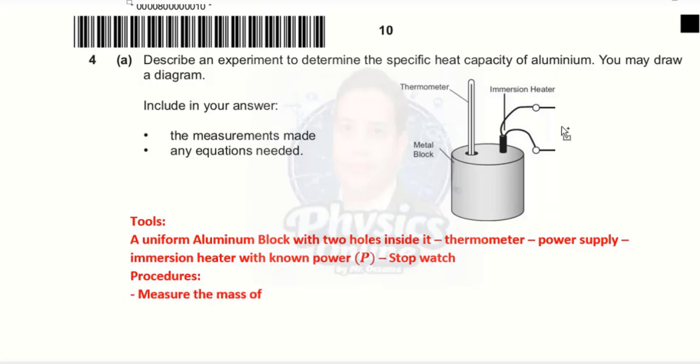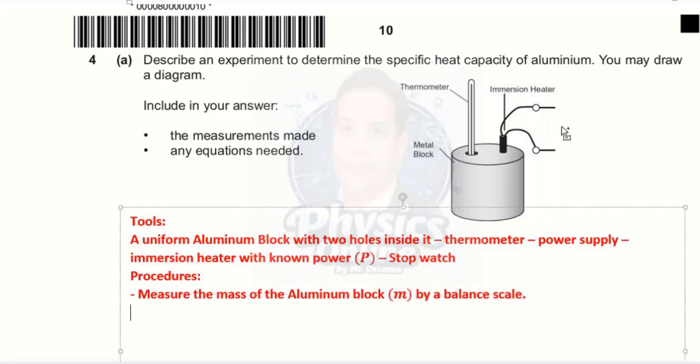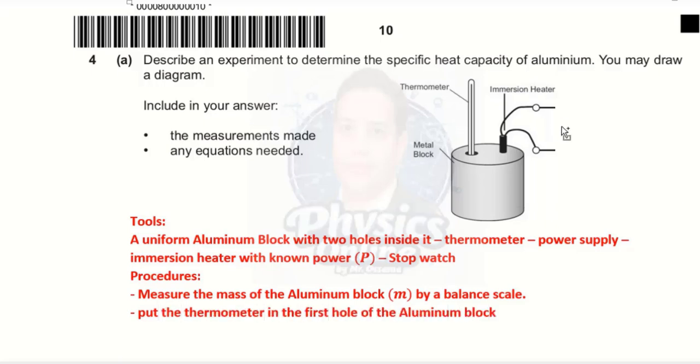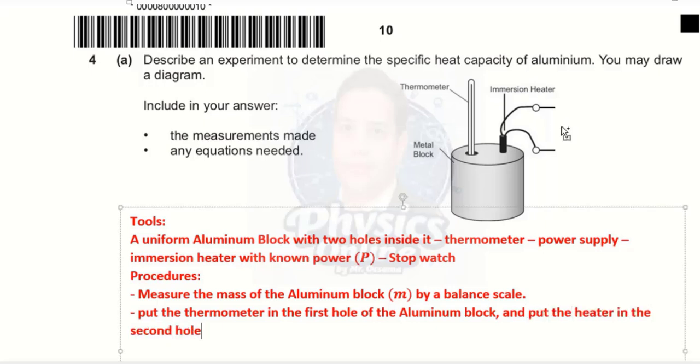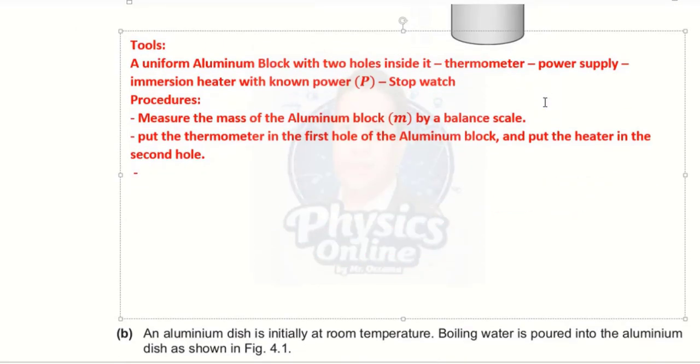Measure the mass of the aluminum block, M, using the balance scale. Put the thermometer in the first hole of the aluminum block and put the heater in the second hole. Measure the initial temperature of the block, theta i.